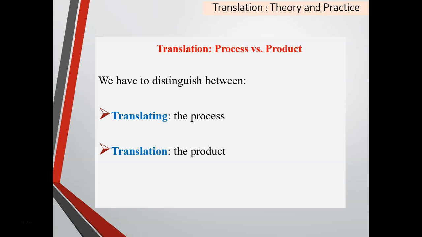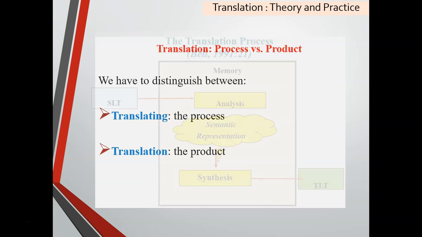The word translation can sometimes also refer to the abstract concept which encompasses both the process of translating and the product of that process. So for a translator, it is important to distinguish between the process of translating and the product of the process of translating. That would be translation. So translating and translation. Translating is the process, and translation is the result of that process.